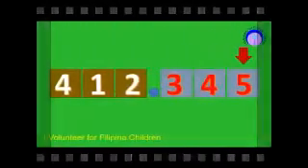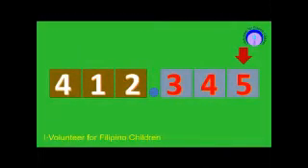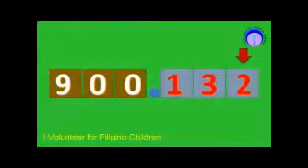The next number is 412 and 345 thousandths. Digit 5 is in the thousandths place. The next number is 932 thousandths. Digit 2 is in the thousandths place.